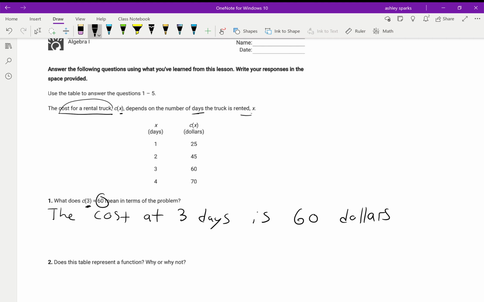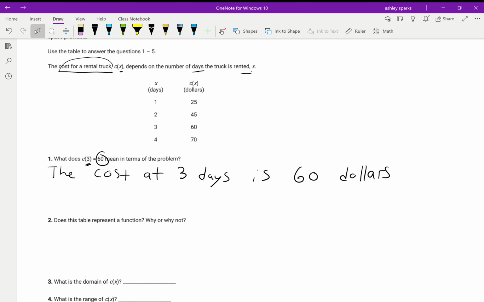The next question is, is this table representing a function? Remember, a function should have only one output for each domain, where domain is our input, if we remember.